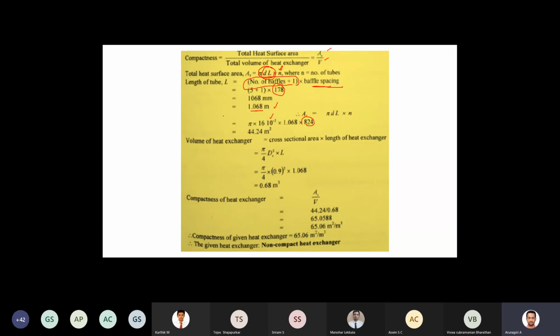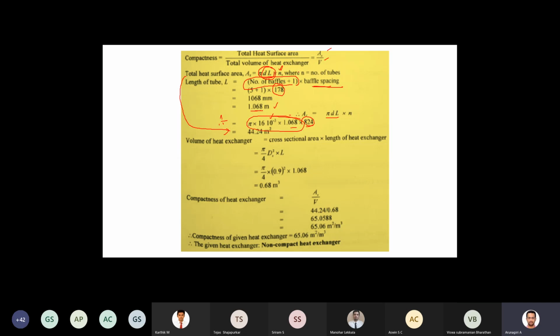Now you have to calculate the heat transfer area. This is A, that is N pi D naught L. So A is pi into 16 into 10 power minus 3 into length of the tube into number of tubes. This is the surface area of one tube times the number of tubes.